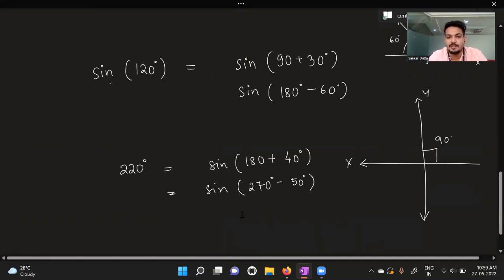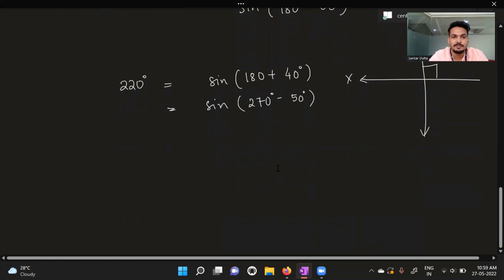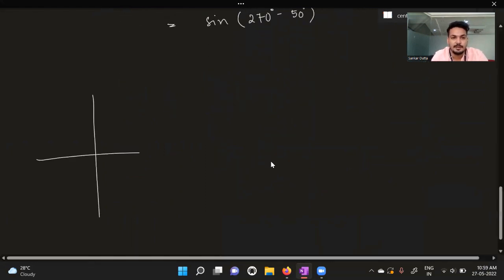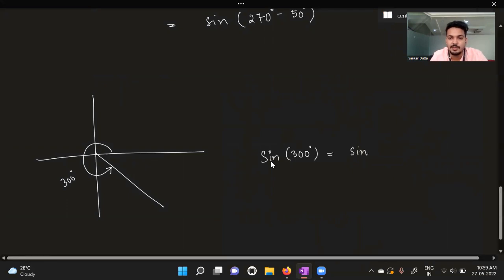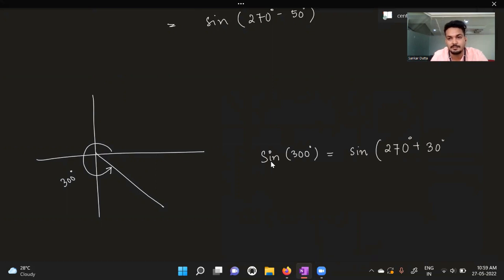What happens if you have an angle in the fourth quadrant? Let me give you an example. Here, let's say this is the angle. Here we are dealing with 300 degrees. So you need to find out sine of 300 degrees. The next step would be, instead of writing sine 300, I will be writing sine of 270 plus 30 degrees, right?